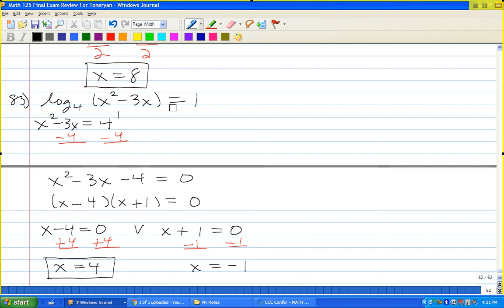Minus 3 times negative 1 is a plus 3. 1 plus 3 is 4. So again, that's positive. So I can take its log. So I have, in this case, two solutions. And so I have positive 4 and negative 1. So let's do problem number 84.